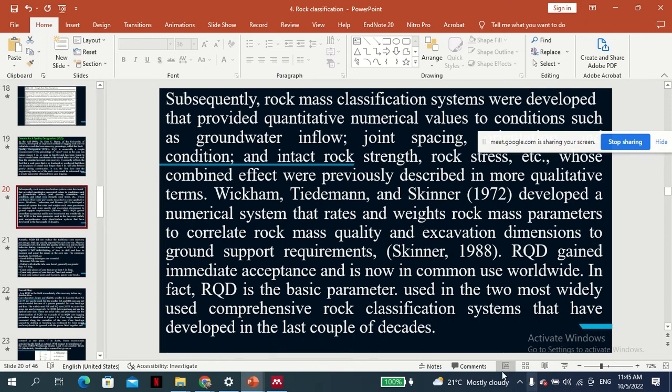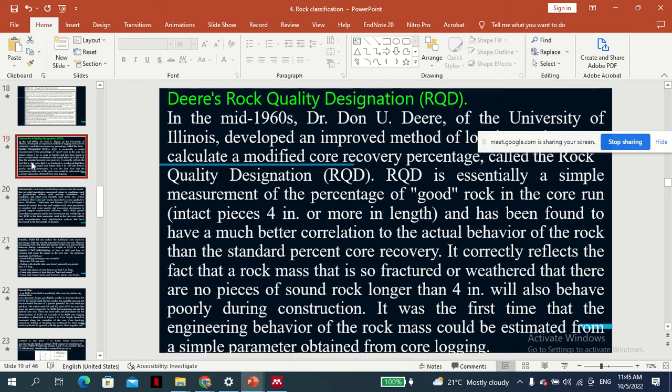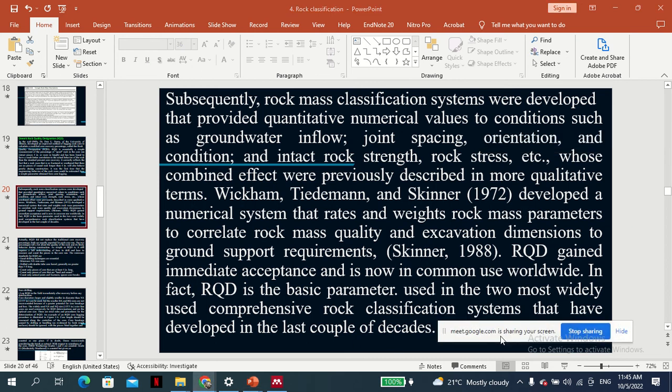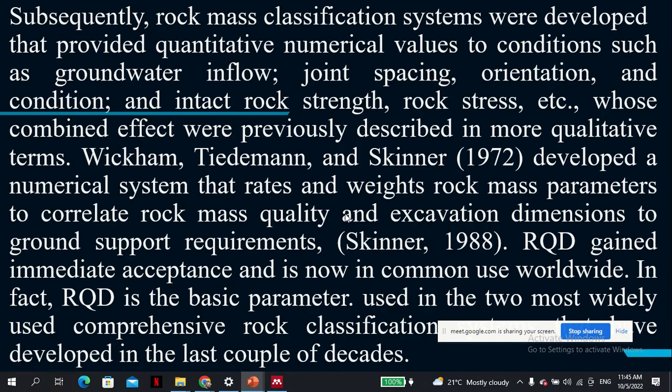It is common worldwide because it can give some figures, and RQD is the basic parameter used in the most widely used systems. Okay, so we've said this already.